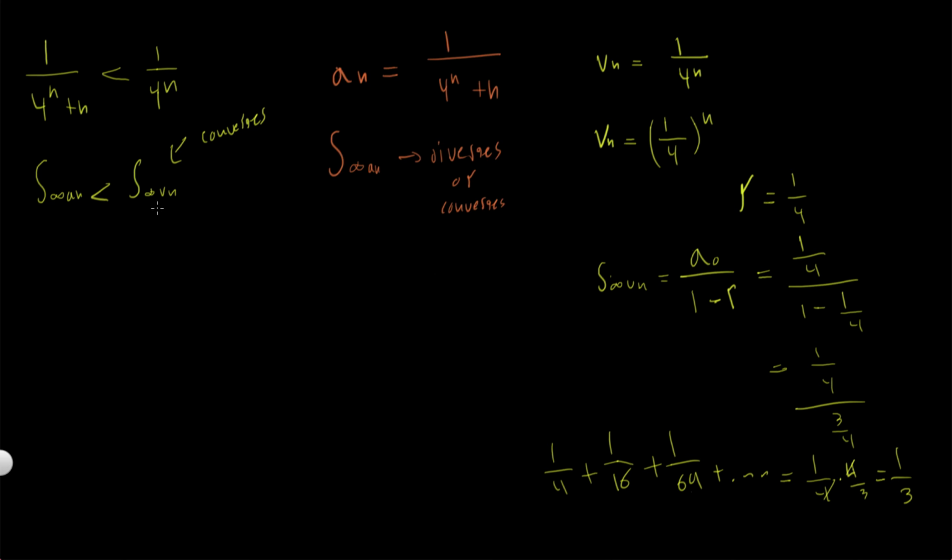So we know that the infinite summation of v sub n is 1/3. And again, we know that the infinite summation of a sub n is less than that, so it's less than 1/3. And due to this comparison, the infinite summation of a sub n converges. And that is determining whether something converges or diverges with comparison.